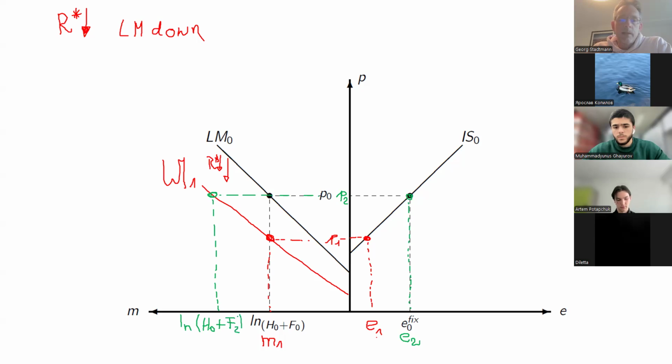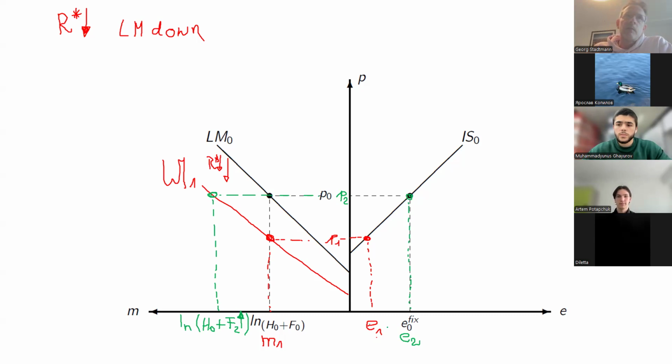So the central bank once more has to print domestic currency and buy foreign currency. So there are appreciation pressures. The domestic currency is strong. The foreign currency is weak.